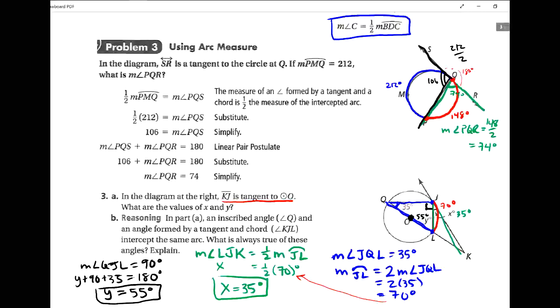And if you need to draw the picture bigger so that you can see all of your labels and all of your parts, like the measure of x here is kind of difficult to see its chord. Drawing this larger would help. So doing the problems, the math is easy. Seeing them in the diagram is the difficult part. As long as you work carefully, label everything, use your colors, I'm sure you will do fine.